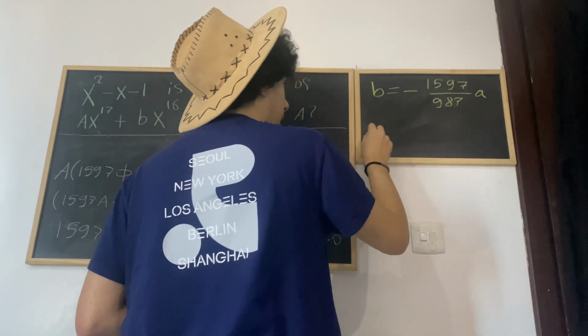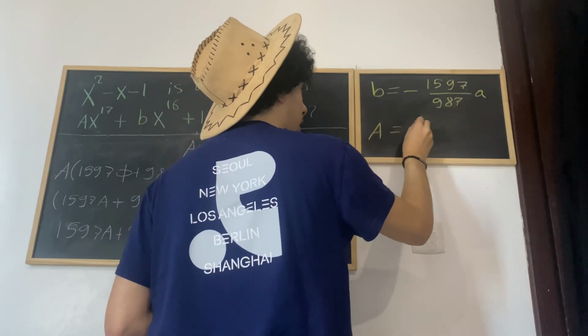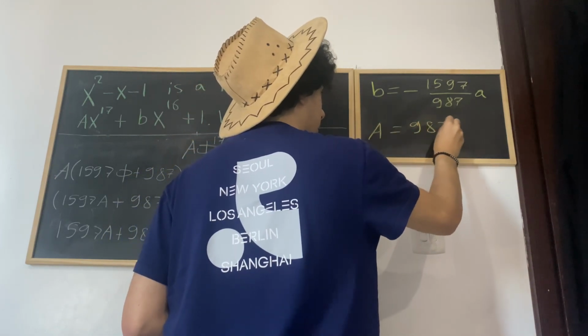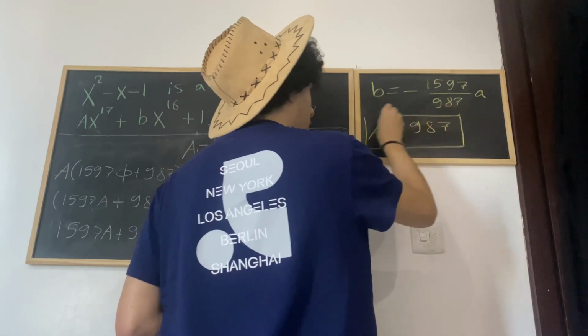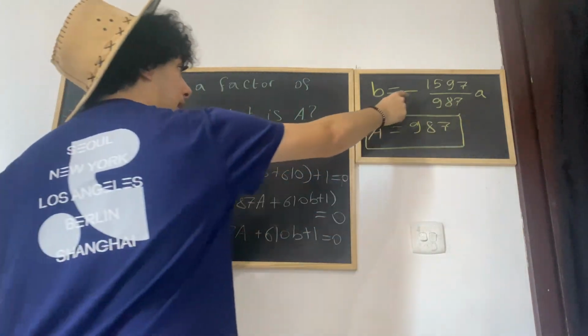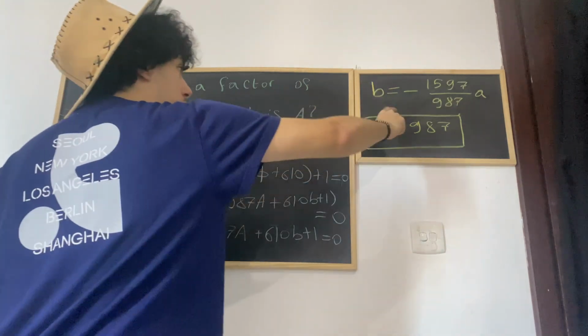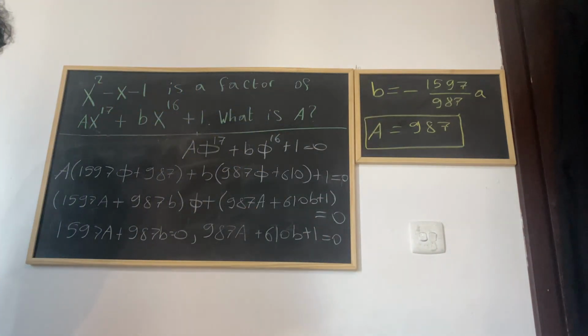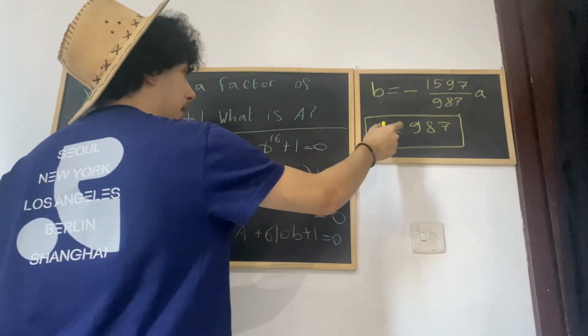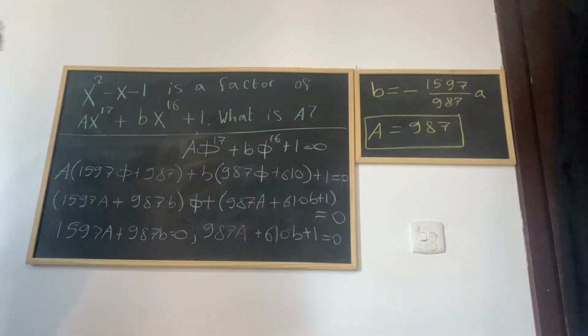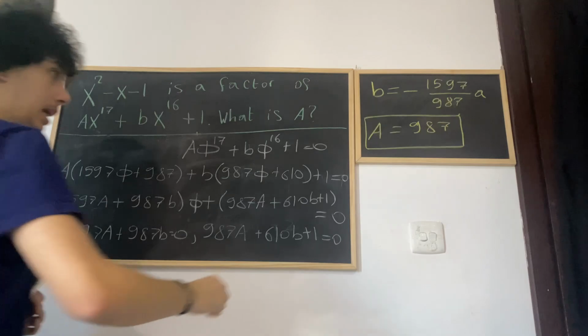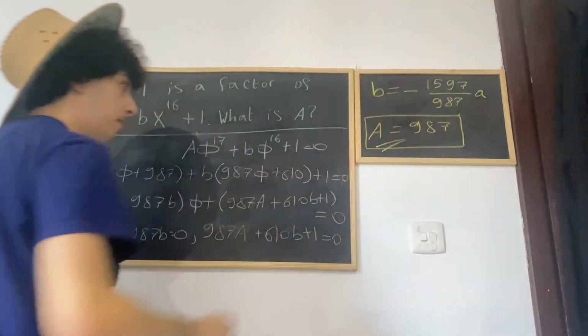Okay, and A will equal 987. Let's put a box around that. So I'm not really sure if this is a minus or a plus. I'm pretty sure it's a minus. If it's a plus, I'll edit a plus over the minus, so you'll know if it's a plus or minus. But I 100% know that A is equal to 987 after solving the simultaneous equation. And that's our answer, so we're done.